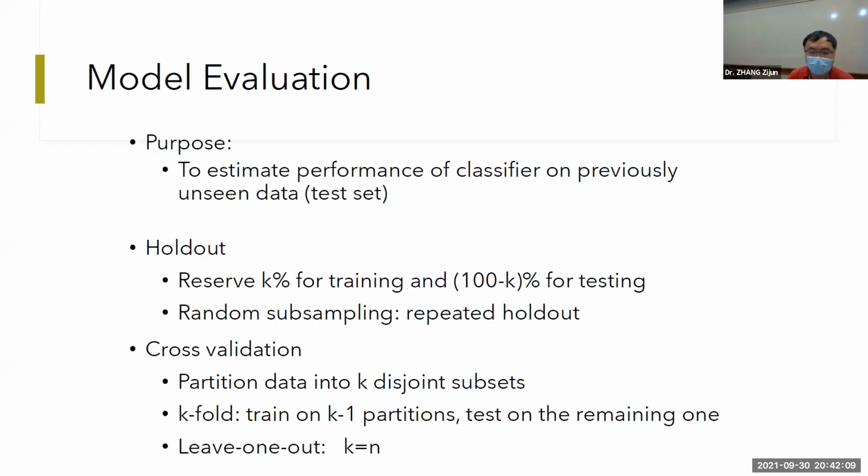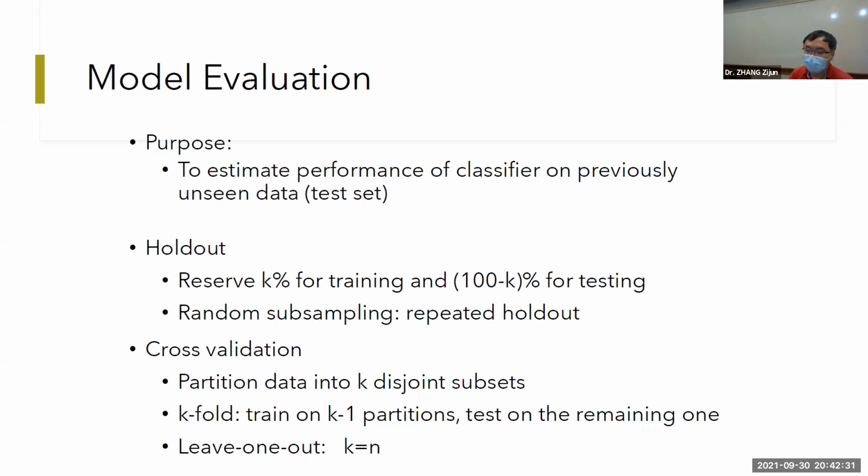We can use cross-validation to strengthen our confidence in validating the performance of our algorithm. This cross-validation is also usually called K-fold cross-validation. And this fold means the sub-data set.